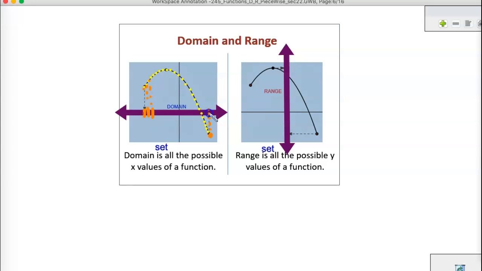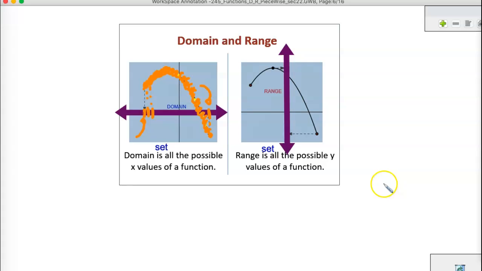So from here to here are the values of x that you could think about. Sometimes it's not just the ones we see, but the ones that we imagine.